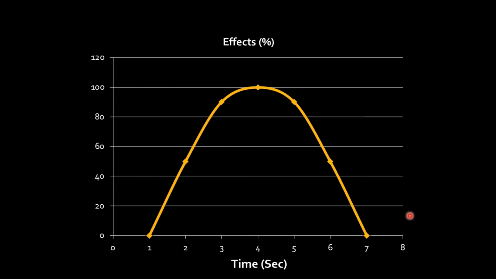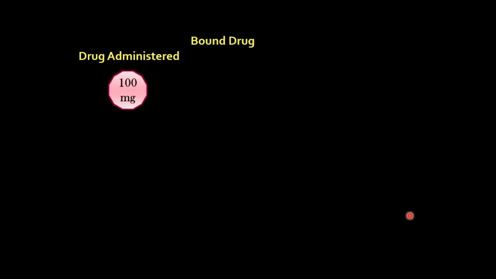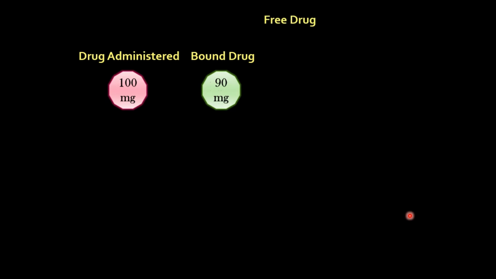Now the question arises: how does this plasma protein binding maintain the free fraction of the drug? So, for example, we administered 100 milligrams of the drug. Out of these 100 milligrams, the bound drug is, say for example, 90 milligrams and the free drug is 10 milligrams.